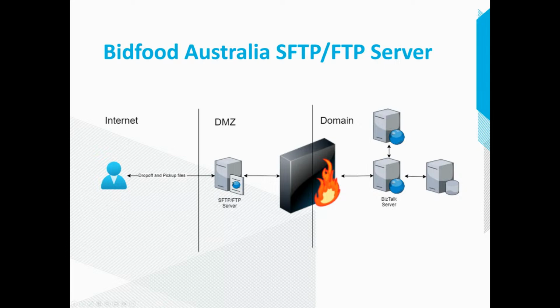On the other side of the firewall in the domain you would have a BizTalk server, which is the only thing that could pull from this FTP server and then distribute to other applications around the domain. The BizTalk server normally would be parsing the files as well. So that was a normal setup I've seen many times. And what we did is we replaced the BizTalk server here with Azure components, Azure Functions or Azure Logic Apps.